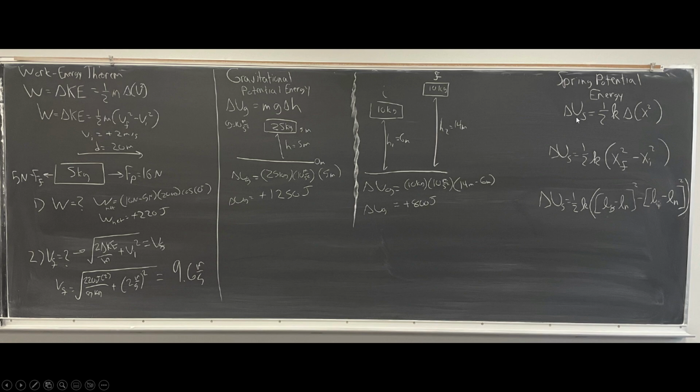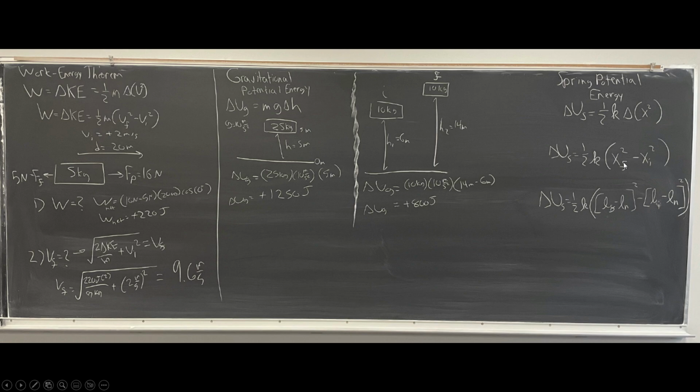The change in spring potential energy is going to be 1/2 times k, which is our spring constant, times delta (x squared), x being our displacement from the natural position, or the natural length. Therefore, just like with kinetic energy, we're not squaring a difference, we're taking a difference of squares. So that delta (x squared) is x final squared minus x initial squared.